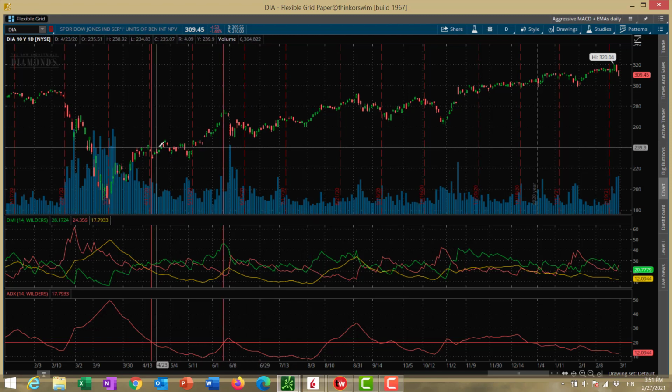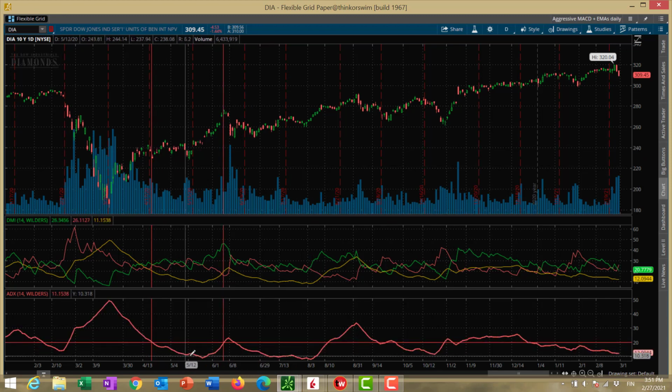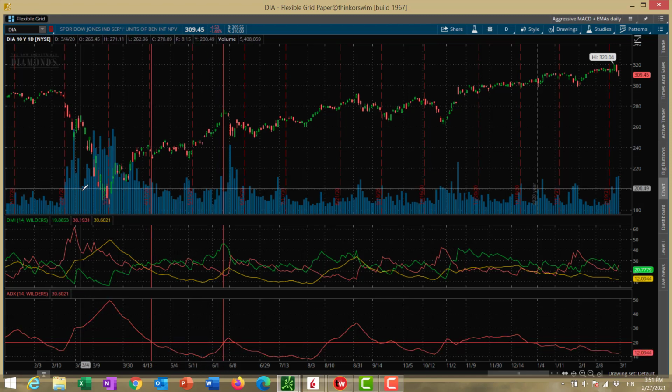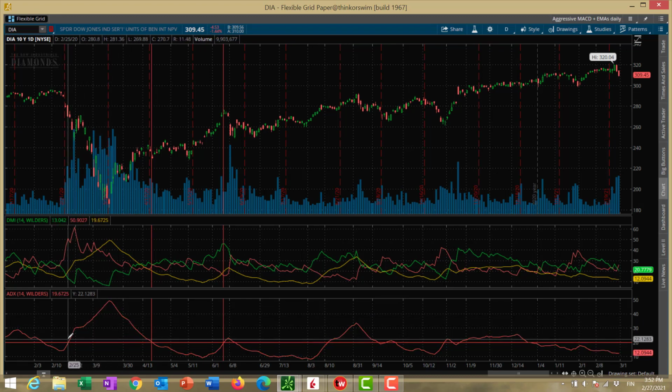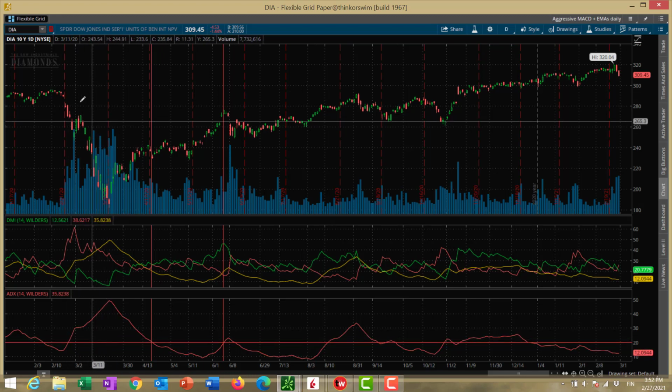So between these lines there is no clear direction, no clear trend to the chart, but between these lines here there is a clear direction down, especially for as long as the ADX is growing. So from here to here there's a very clear direction in the chart where it is going, and that direction, where is it going? Well, from the chart we can clearly see that it's going down.